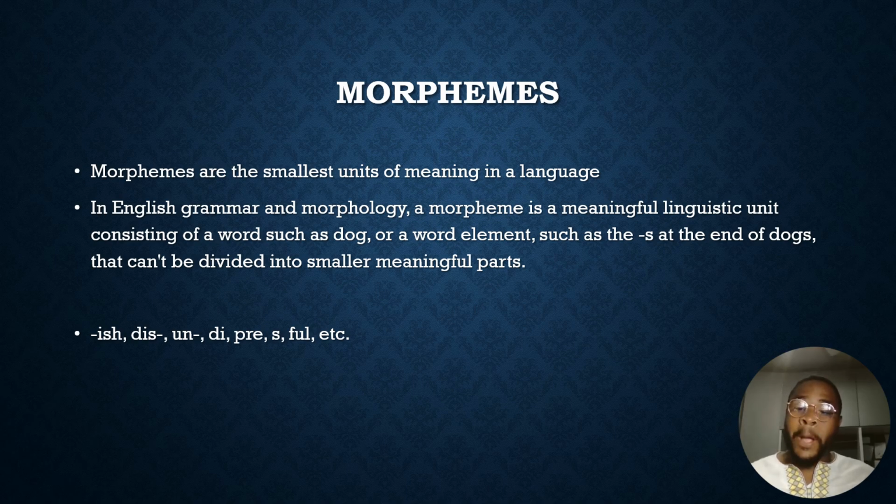When I say dog, and then I decide to add the morpheme s, the s serves as a meaningful linguistic unit. And when I add it to dog, it becomes dogs, the plural of dog. At the end of the day, the s can't be divided, but it changed the meaning of dog into becoming plural. Language is so amazing.